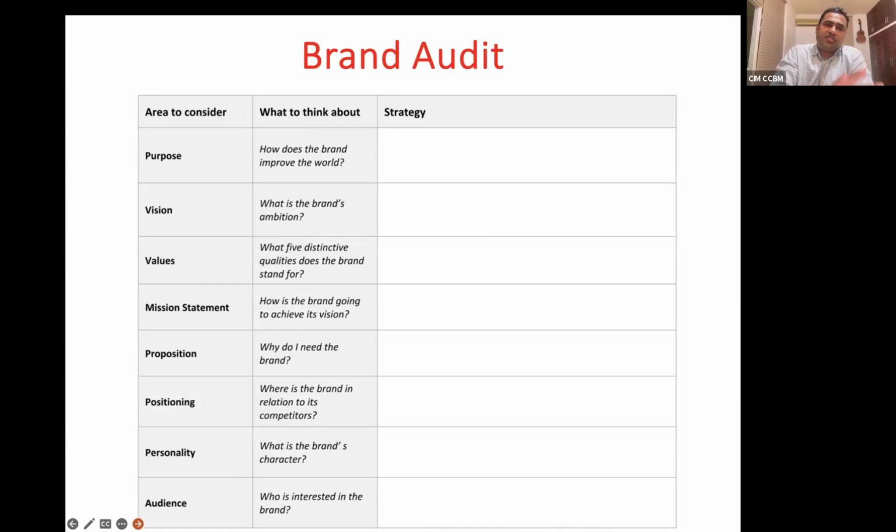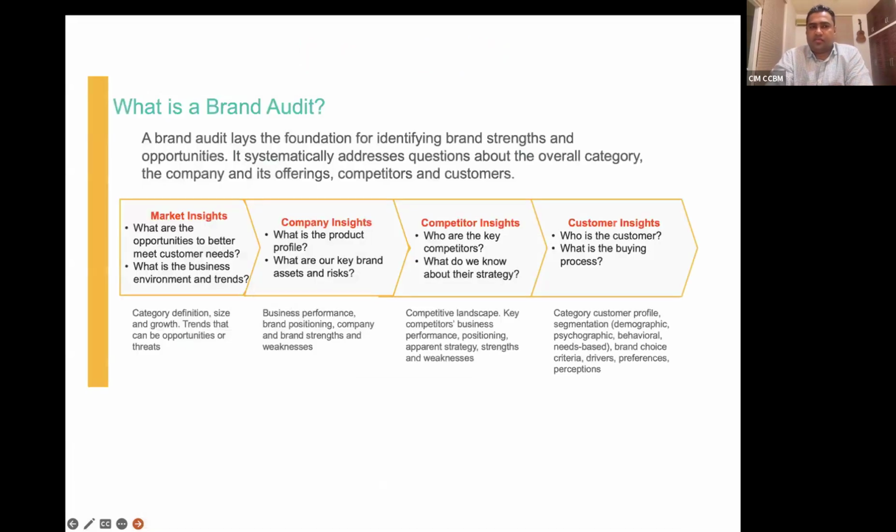So this is given from CIM UK. If you are to undertake a brand audit, you need to understand all these components or areas. So what is a brand audit? It lays the foundation for identifying strengths and opportunities. It systematically addresses the question about the overall category, the company and its offerings, competitors and customers, right?